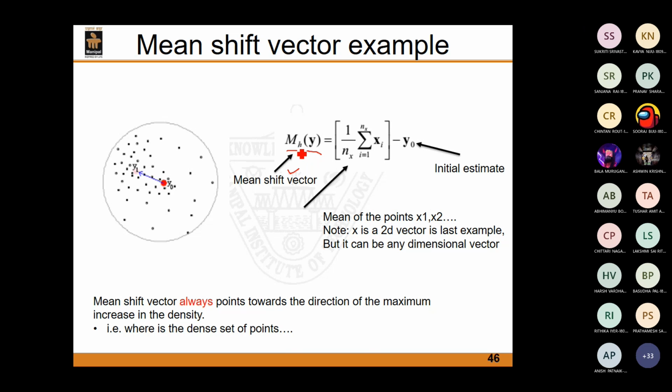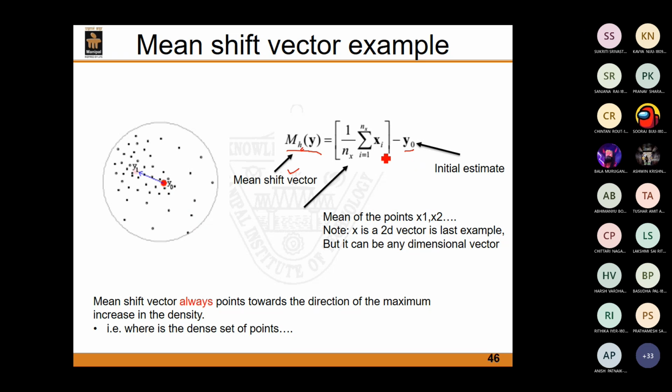Now it is given by 1 by n_x, sigma i equals 1 to n_x, x_i minus y_0. Here y_0 is basically the initial estimate that you have. Or let's say you're looking at successive frames. When you're looking at successive frames, it would be the previous estimate of the center of mass that you have.